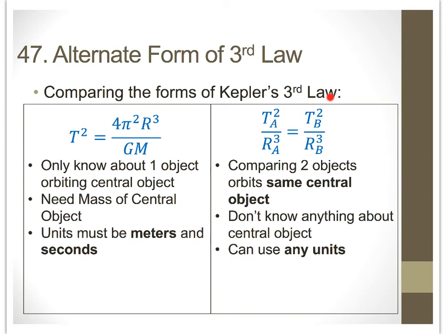The ratio version is great when we're comparing two objects orbiting the same central object. In this case, we don't need to know the mass of the central object. We just need to know about the two objects orbiting it. The other benefit is we can use any units.